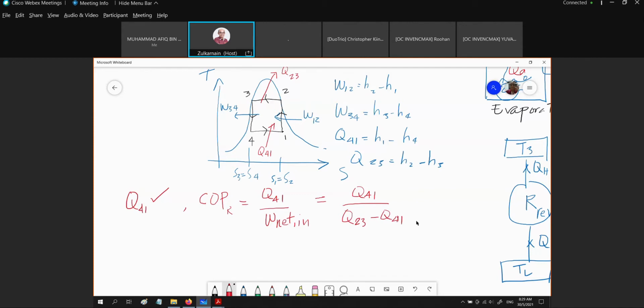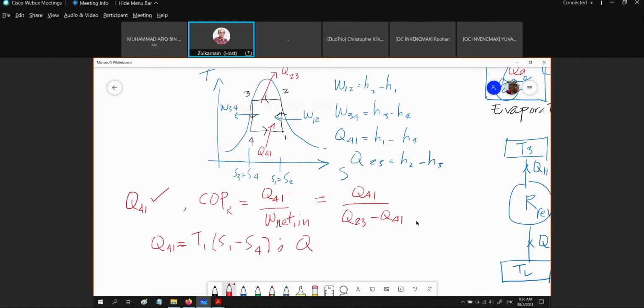So we could also write Q41 as equal to the constant temperature, T1 times (S1 minus S4). This is from the definition of entropy change.